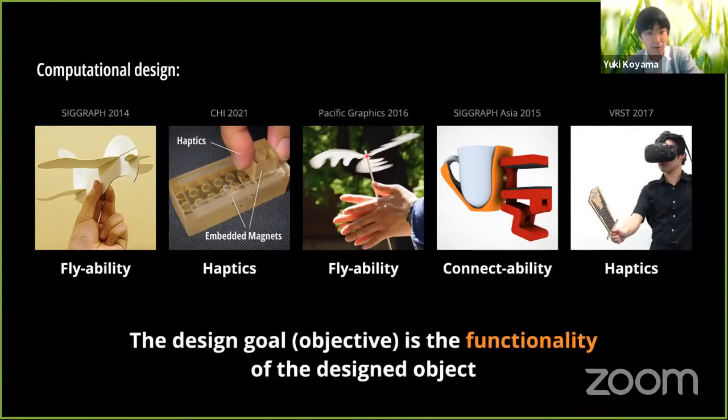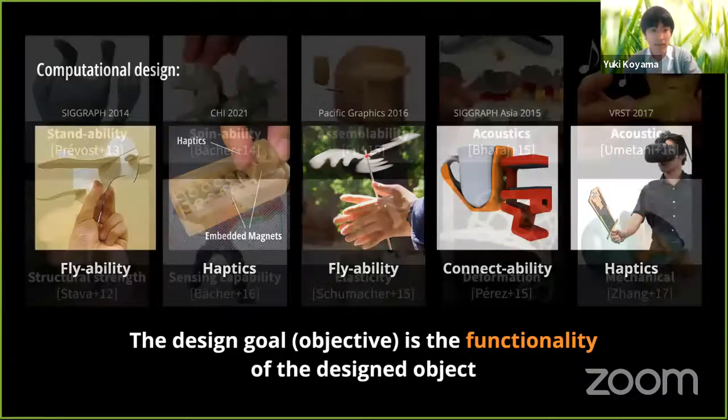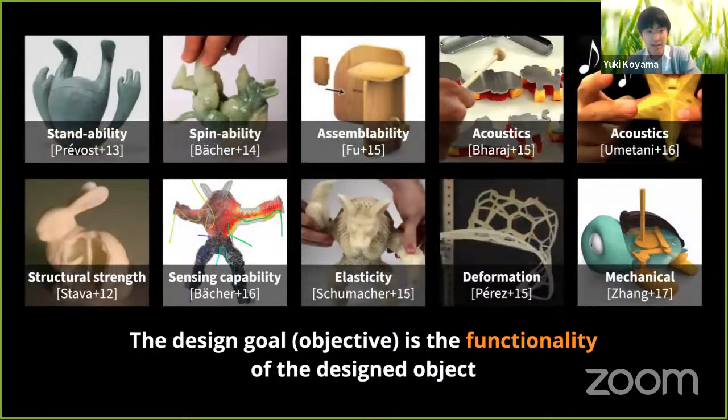So in these projects, the design goal or the design objective was the functionality of designed objects, such as flyability and haptics and so on. And similarly, many researchers in the computer graphics community have formulated various functionalities of objects and solved optimization problems.